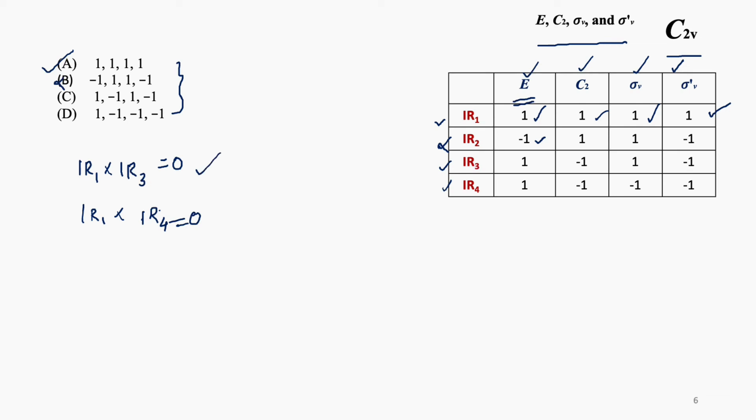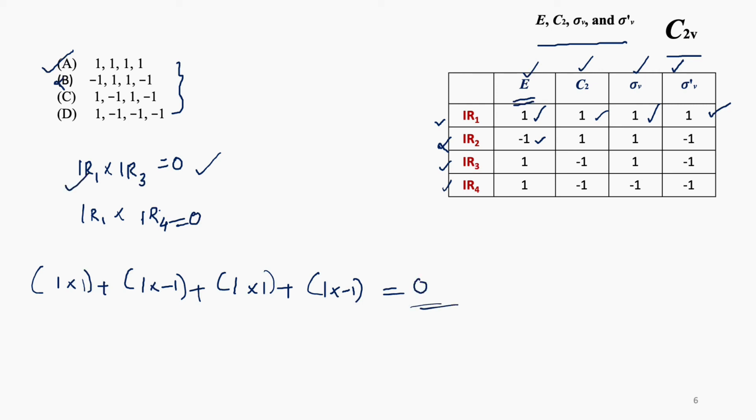So according to which 1 into 1 plus 1 into minus 1 plus 1 into 1 plus 1 into minus 1, that is equal to 1 plus minus 1 plus 1 minus 1, that is equal to 0. So this is correct, which means IR3 is also correct. So option C can be the right answer.